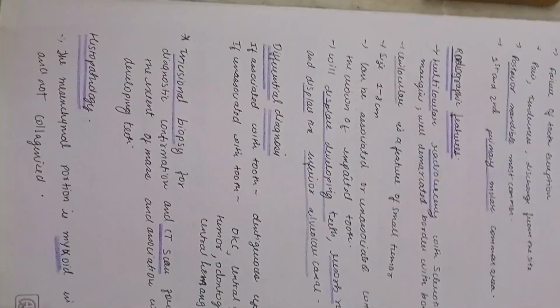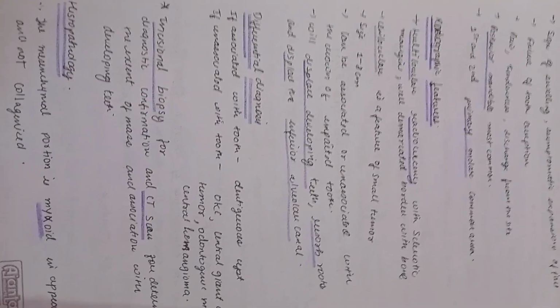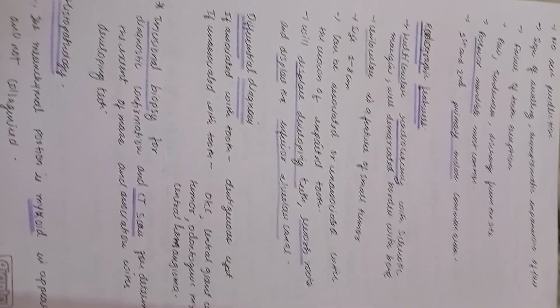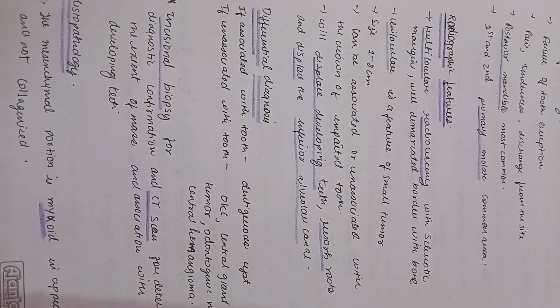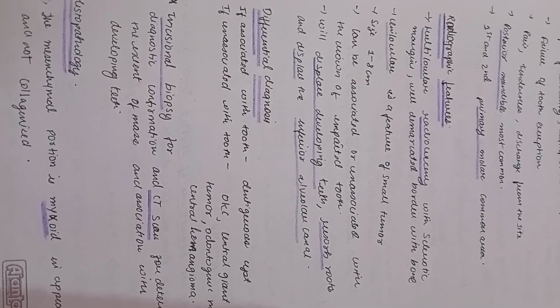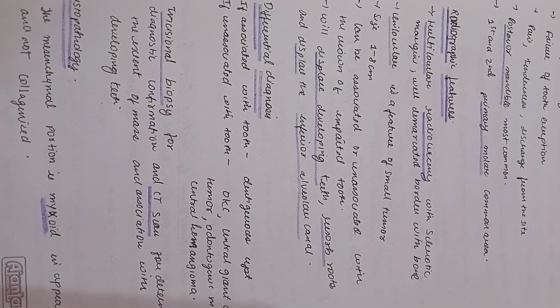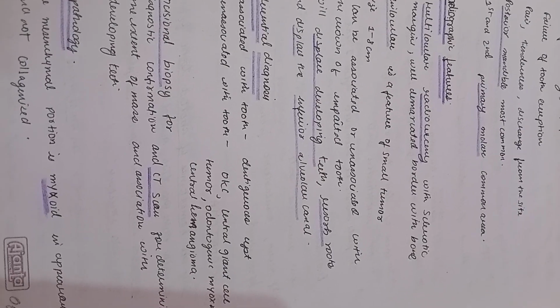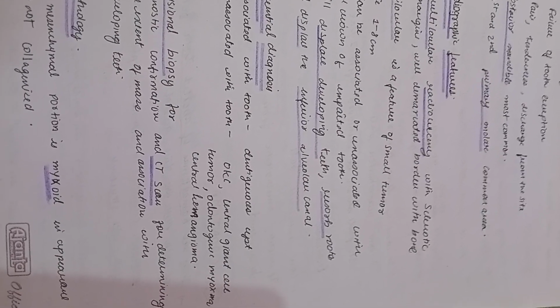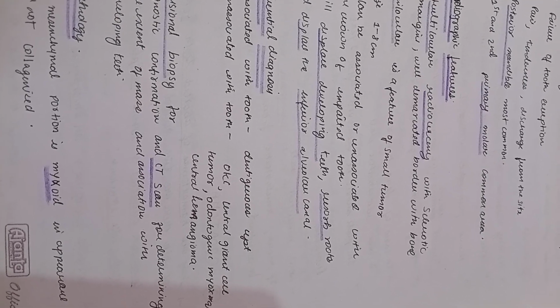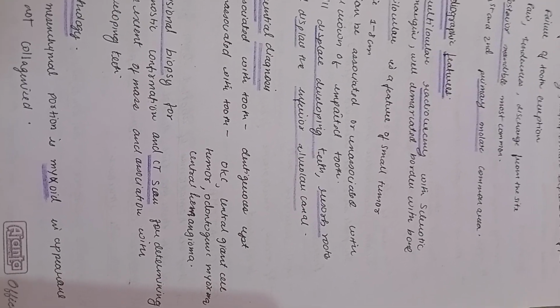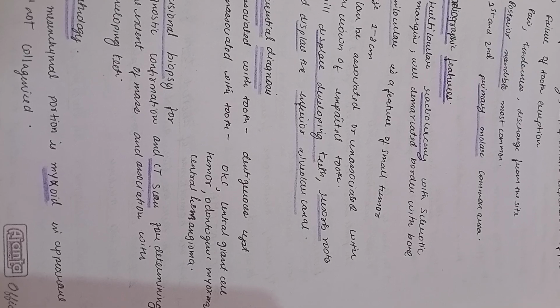Okay, coming to the differential diagnosis, if associated with a tooth, the differential diagnosis is dentigerous cyst. If unassociated with a tooth, the differential diagnosis can be OKC, central giant cell tumor, odontogenic myxoma, or central hemangioma.